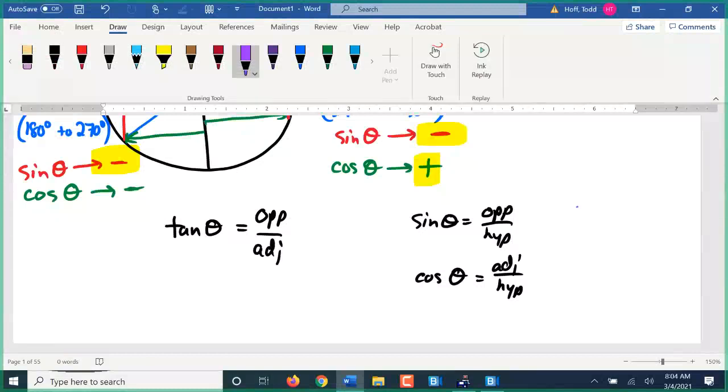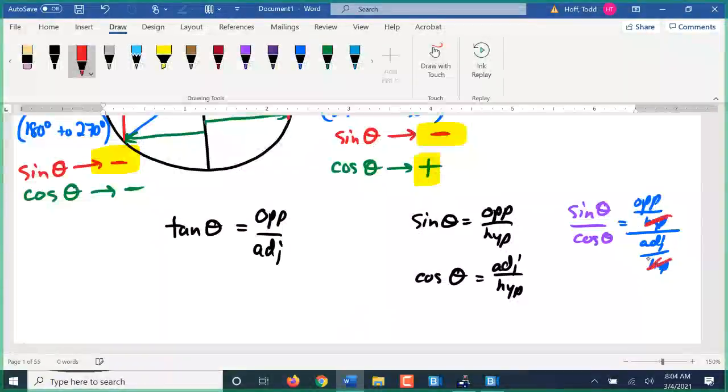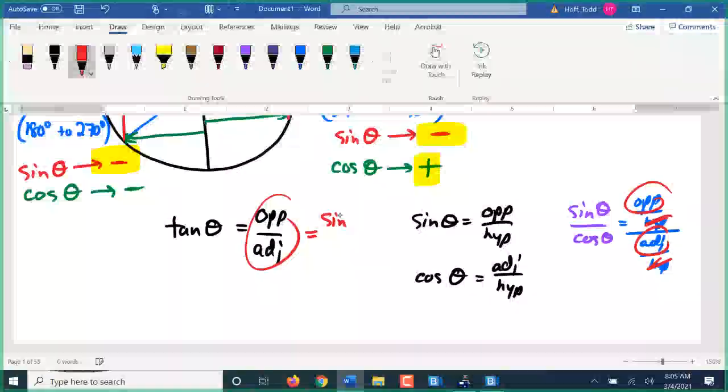If I divide the sine by the cosine, that would be opposite over hypotenuse divided by adjacent over hypotenuse. The hypotenuse divides out, and I have opposite over adjacent, which is what the tangent is. So one of the identities for tangent is that it's the sine of the angle divided by the cosine of the angle.